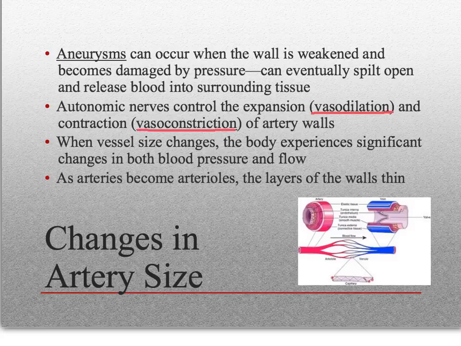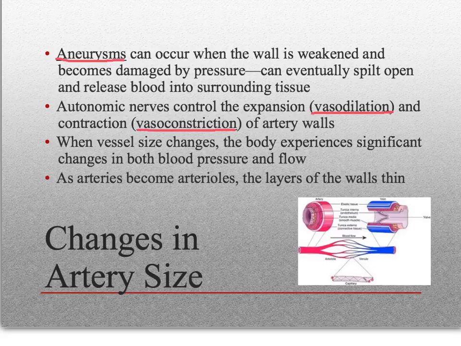There are also some changes that happen that cause problems. So an aneurysm, that's this word up here, aneurysm, occurs when the wall of an artery, usually, is damaged for some reason. The wall might be weakened because of just structural damage, or there can be infection or other things of that nature.